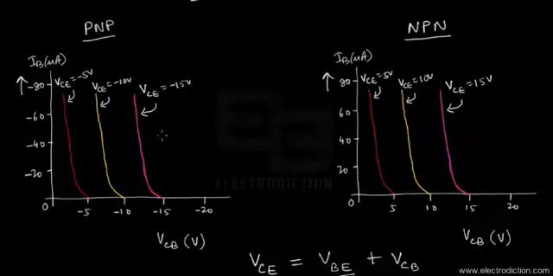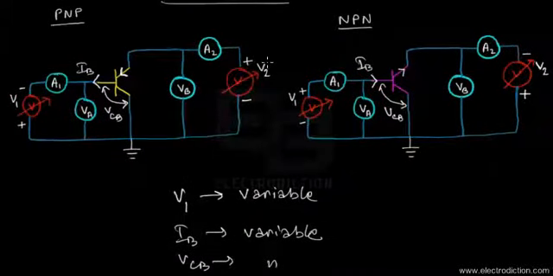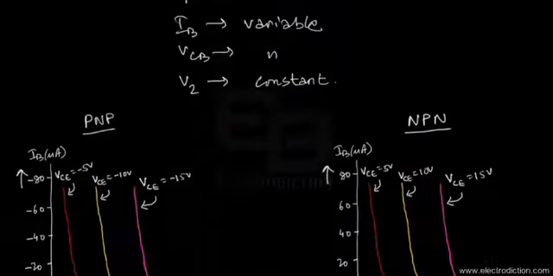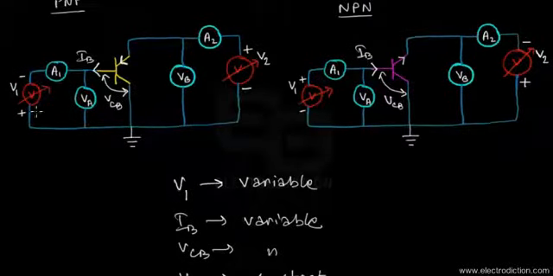Let's take the NPN type of BJT for reference. If we keep the collector to emitter voltage, this particular voltage V2, fixed at, let's say, 5 volts, then we can see that as we go on increasing the collector to base voltage, that is, as we go on increasing V1, the collector to base bias voltage goes on increasing.